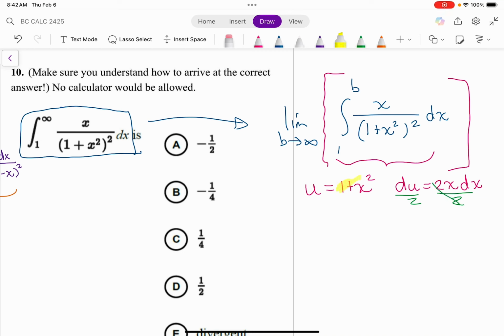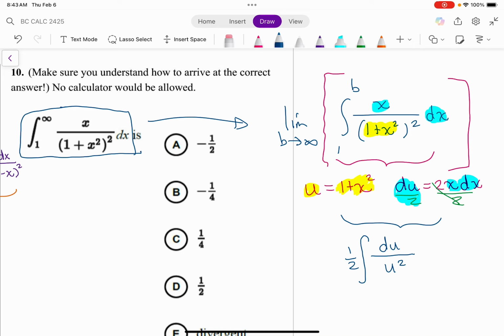So now I can replace those, so my integral becomes, leaving off the limits of integration for now, 1/2 du over u squared.